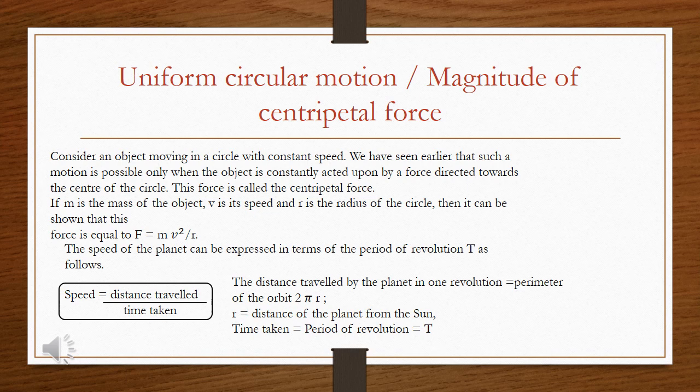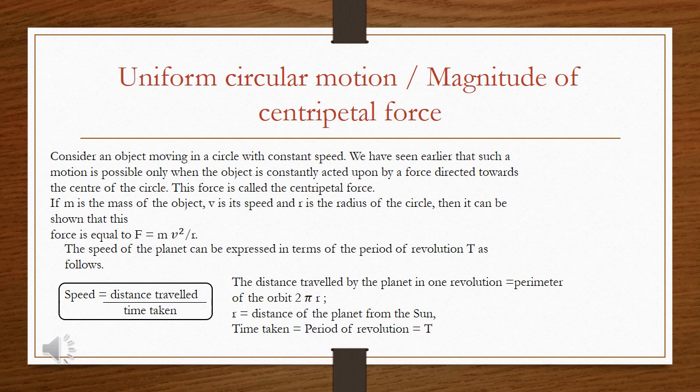This force is a centripetal force. Centripetal force means center seeking. The force is towards the center. Okay. So let m be the mass of the object, v is the speed, and r is the radius of the circle. Then it can be shown that the force F equal to mv square upon r.